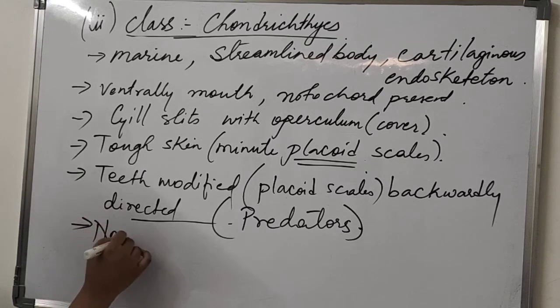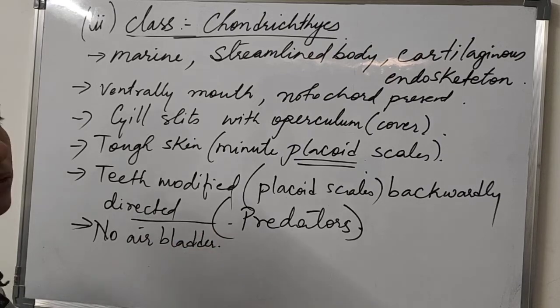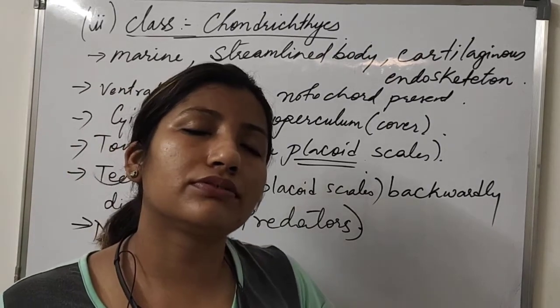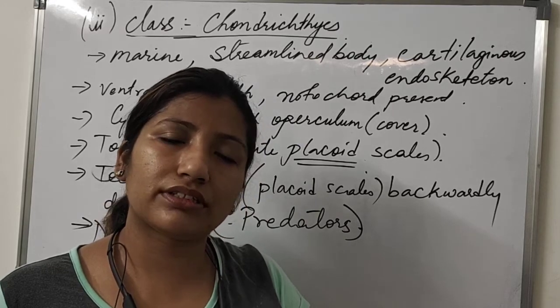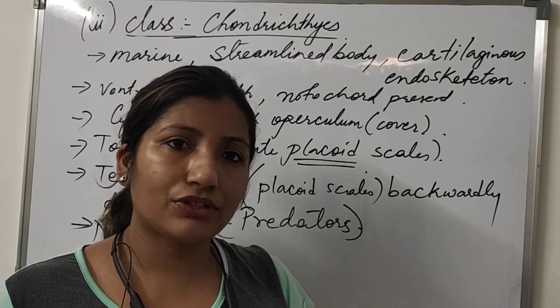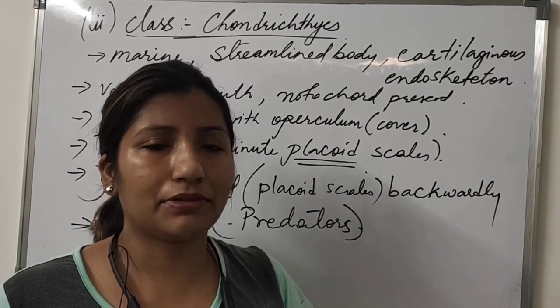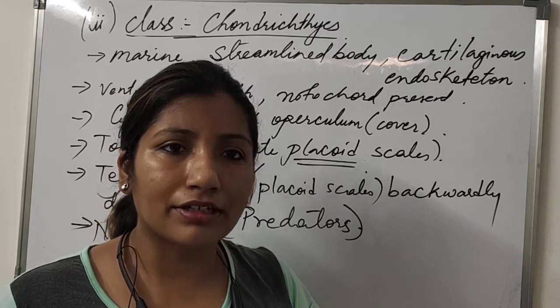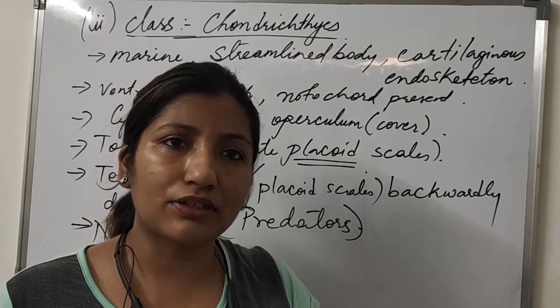And no air bladder. You must have seen fish. When you cut out the fish, you will find a balloon-like structure inside the fish body. When I was a kid, I used to think that was their lungs. But of course fish don't have lungs. That is actually the air bladder which keeps them floating in the water.